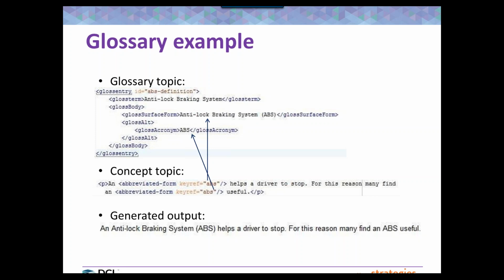The reason it happens at the map level is that you could have a different pointer to what you want ABS to be in different maps.